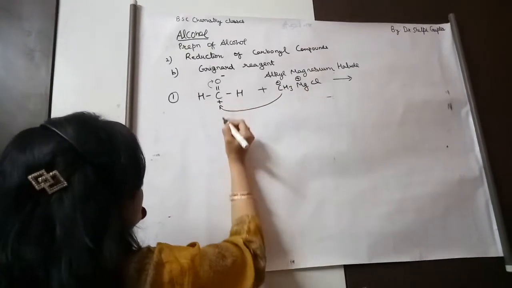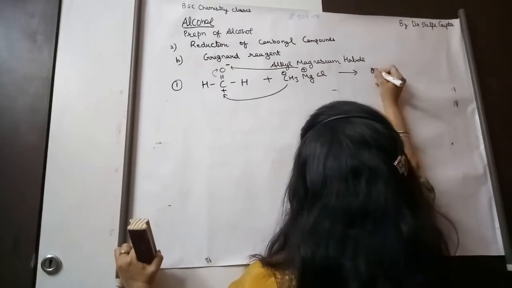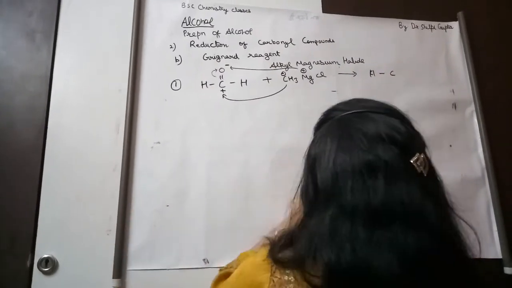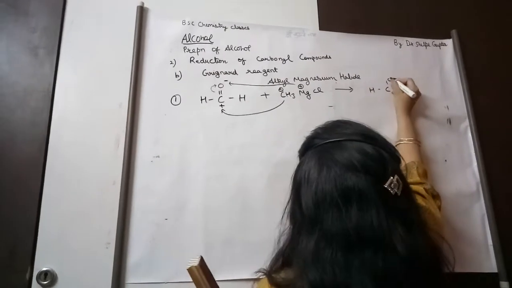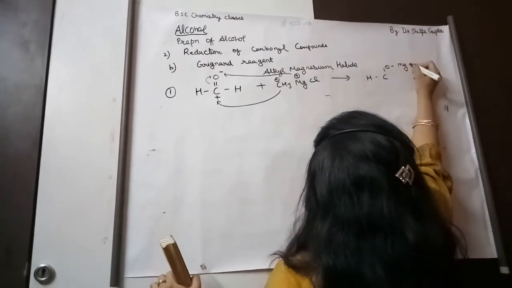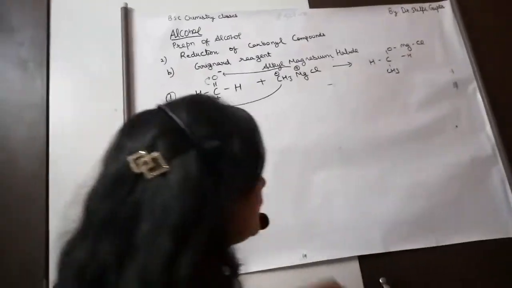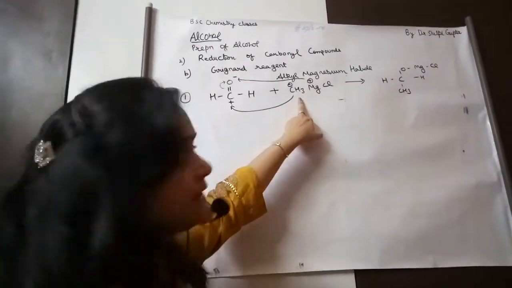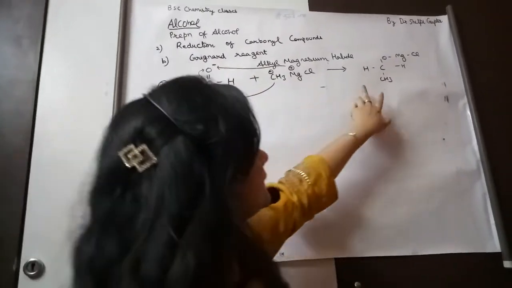It will attack here and it will attack here. What will form is this: CH3 will attack here, MgCl will attack here, and this will form.